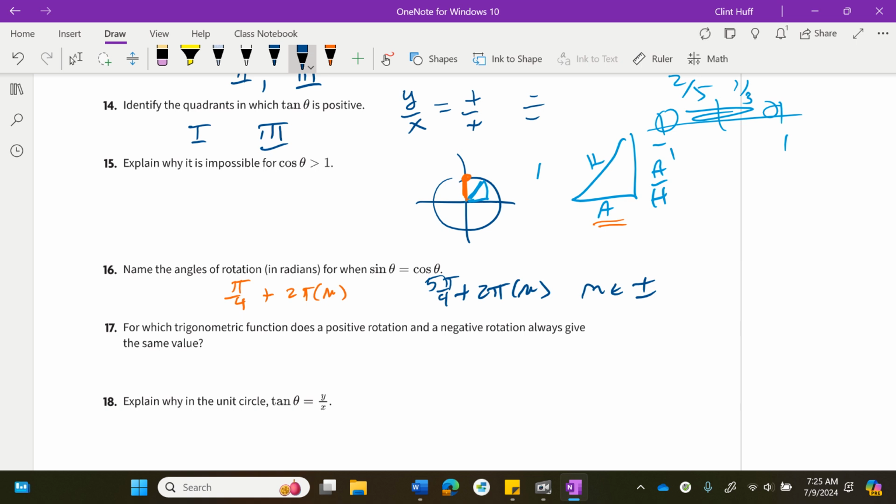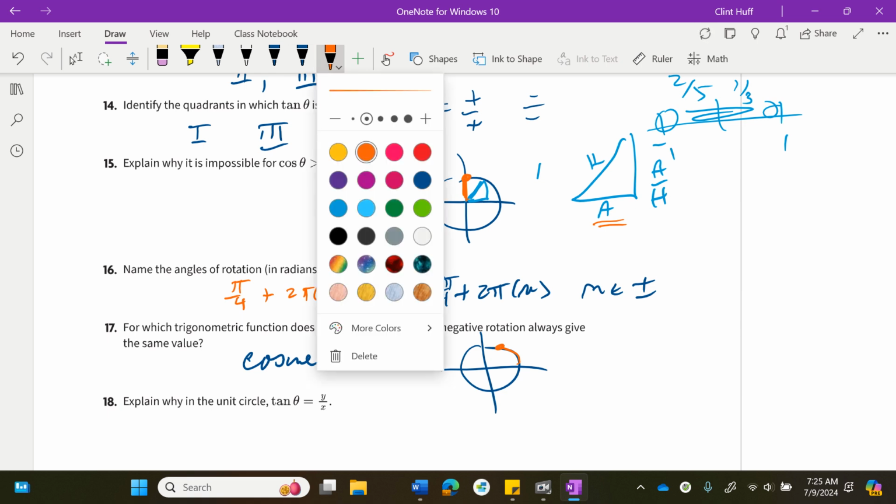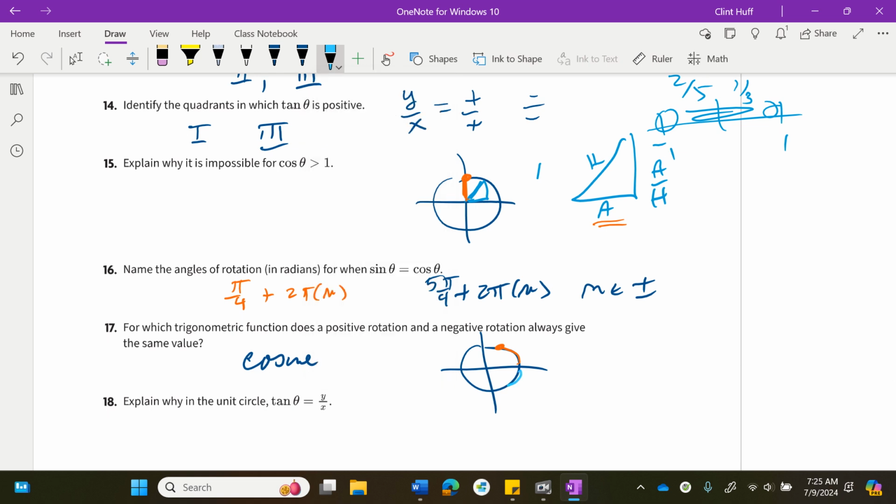So this one says, find for which trigonometric functions does a positive rotation and a negative rotation always give the same value. That would be the cosine function, because when you rotate, say, into quadrant number 1, that'll be a positive rotation. And then if you rotate the same number of degrees in reverse to quadrant number 4, down over here, notice that these two guys share the same x value.